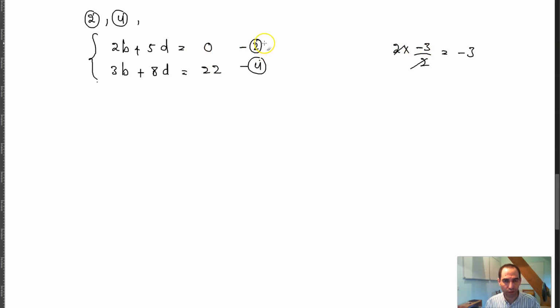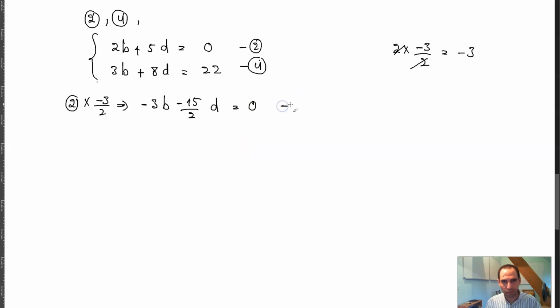So I will multiply this whole equation by negative 3 halves. Which means that 2 times negative 3 halves is equal to negative 3. So that's negative 3b. 5 times that is negative 15 halves d is equal to 0.